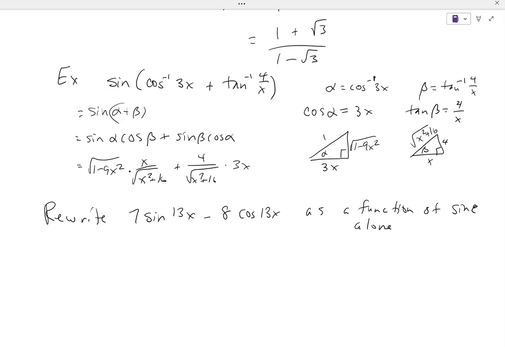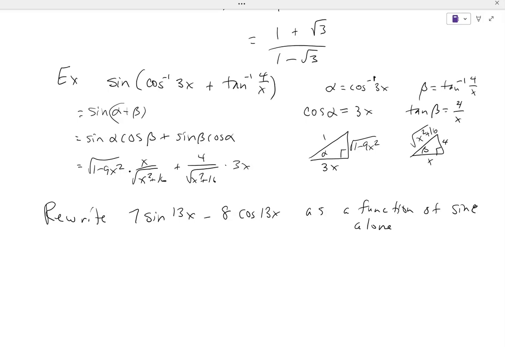All right. So remember, we're trying to fit this as sine of alpha plus beta, the way this is supposed to look. It's supposed to remind you of your sum formula for sine. Well, if this is going to be the sum formula for sine, then my alpha must be something like 13x.